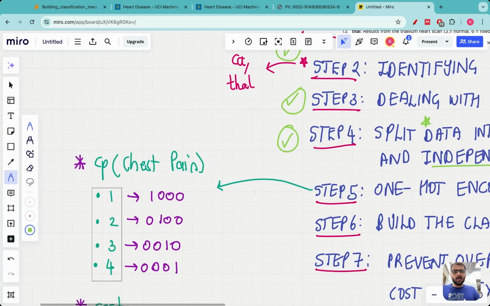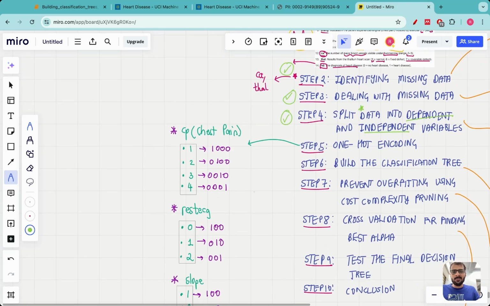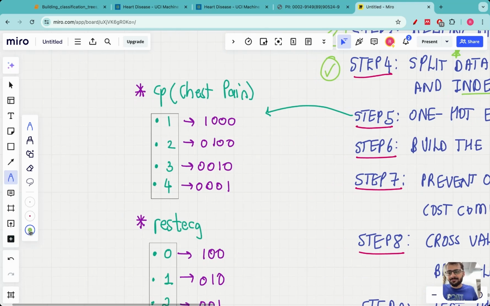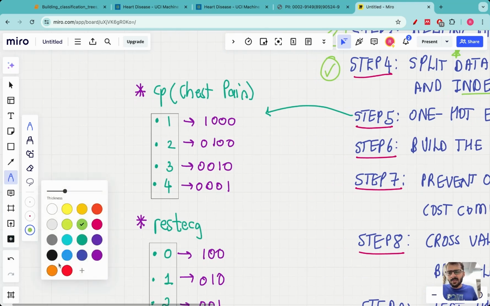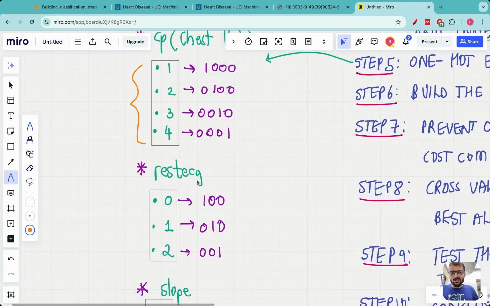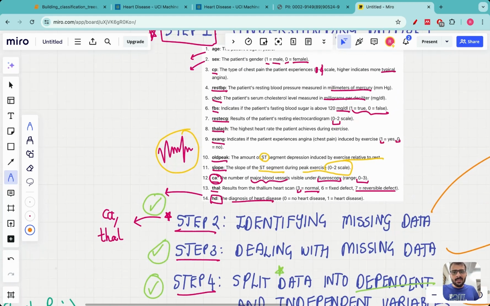What I mean by categorical variables is variables which can only take certain values. For example, let's look at the categorical variables in our data set. Chest pain or CP is a categorical variable. It takes values only 1, 2, 3, and 4.